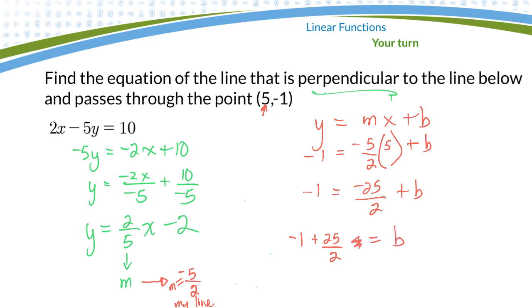So it's 12.5 minus 1, so this would be 11.5, or 23/2. And you can do that on your calculator. So the equation of my line is y is equal to negative 5/2 x, and my y-intercept is a positive 23/2. I think that's correct.